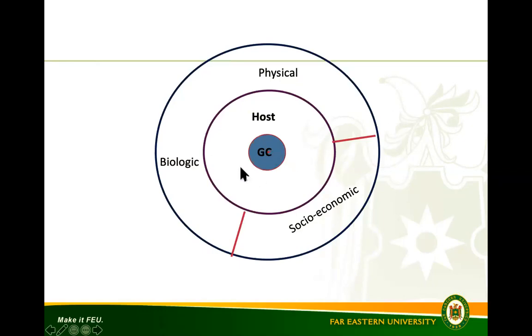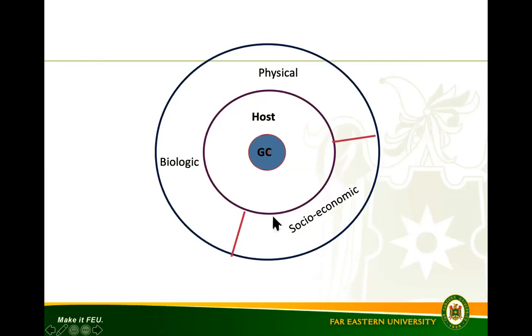Now surrounding the host is the environment, schematically divided into three sectors: the physical, the biologic, and the socio-economic. I'm sorry, there has to be a separator between these two components. Okay?